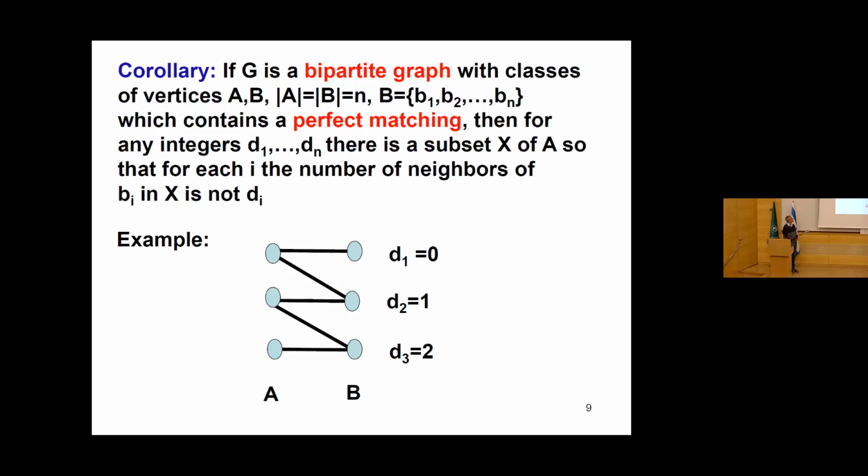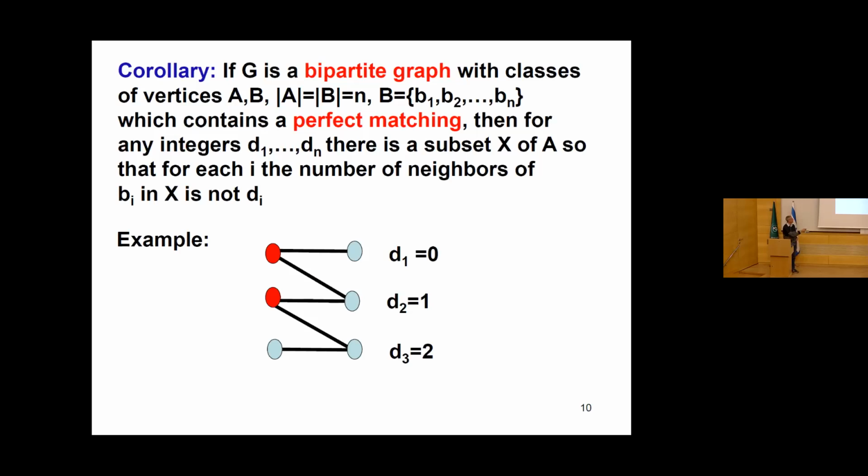Then the claim is that there is a subset X of A so that the number of neighbors of each vertex Vi of B in this set X is not di. In the example that you see here, I could choose X to be the red vertices.